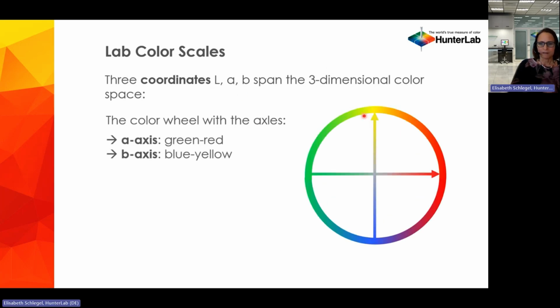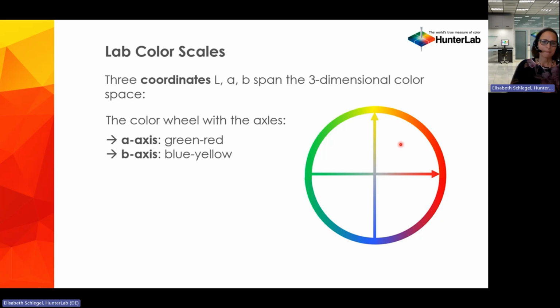So we have the color wheel, and this is defined by 2 axes. I have an A axis from green to red, and a B axis from blue to yellow. For example, orange would have a part of the positive A axis and a part of the yellow B axis.